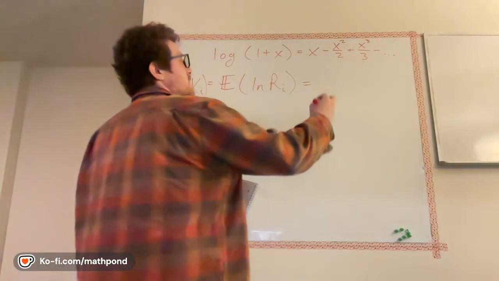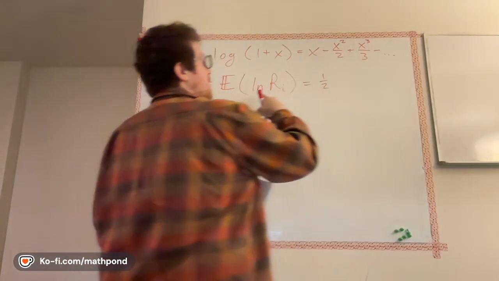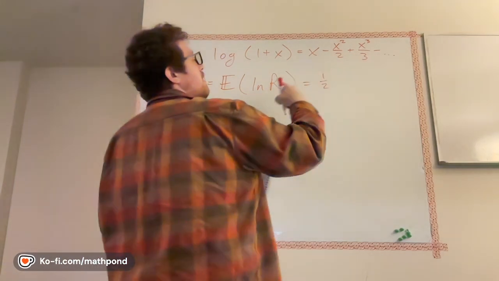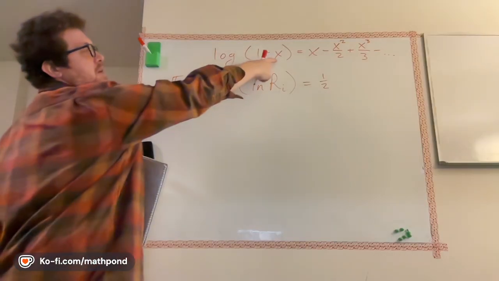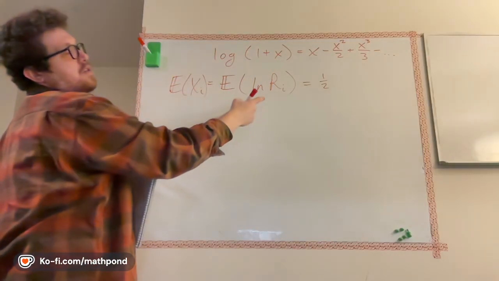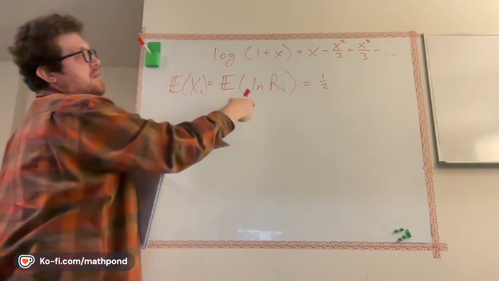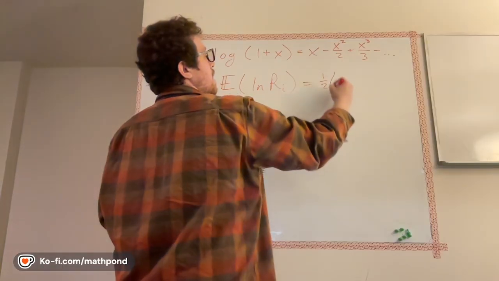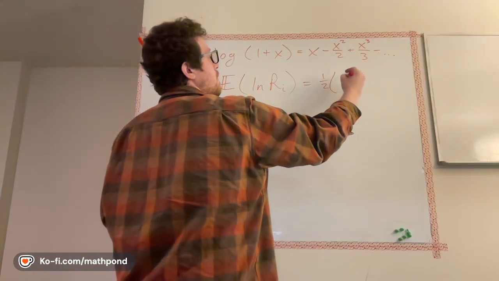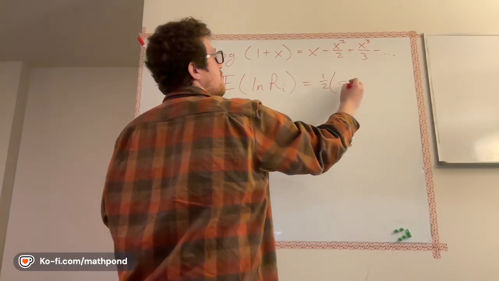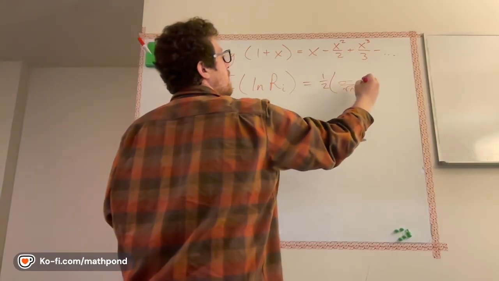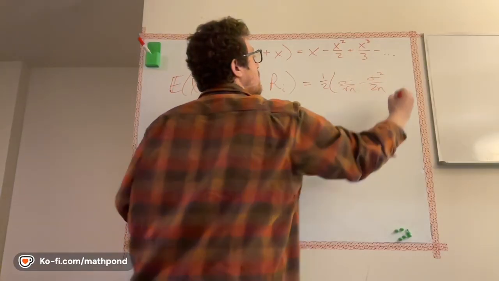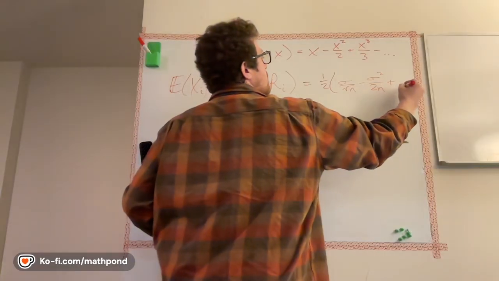This is just the 1/2 of the log of, what can ri be? I can plug in for x either sigma over square root of n or negative sigma over square root of n. So it's either sigma over square root of n minus sigma squared over 2n plus a bunch of other stuff.